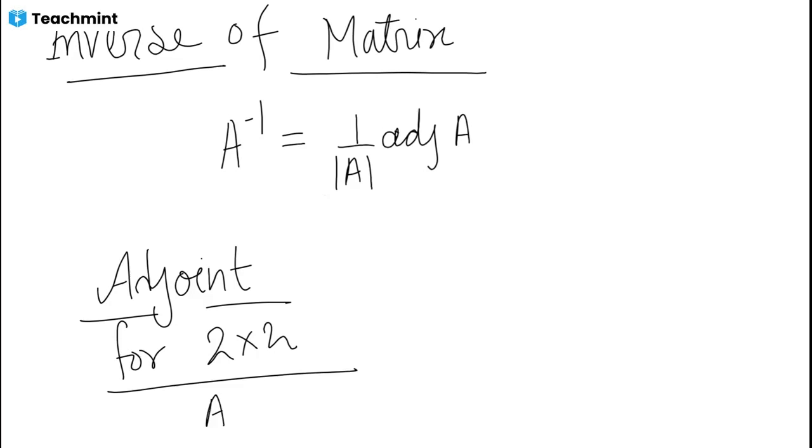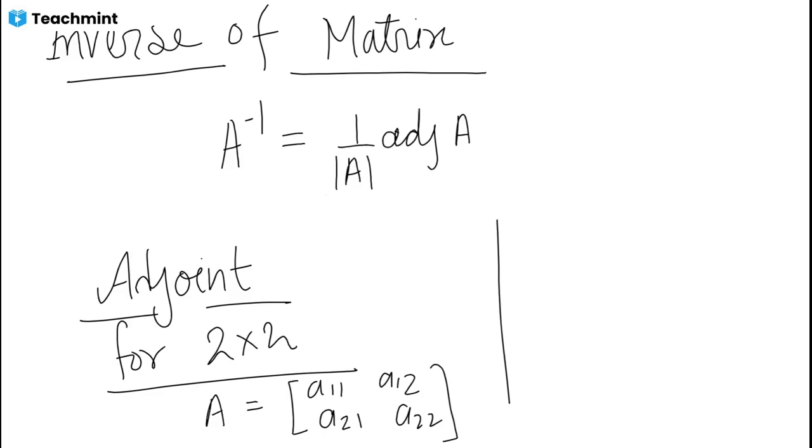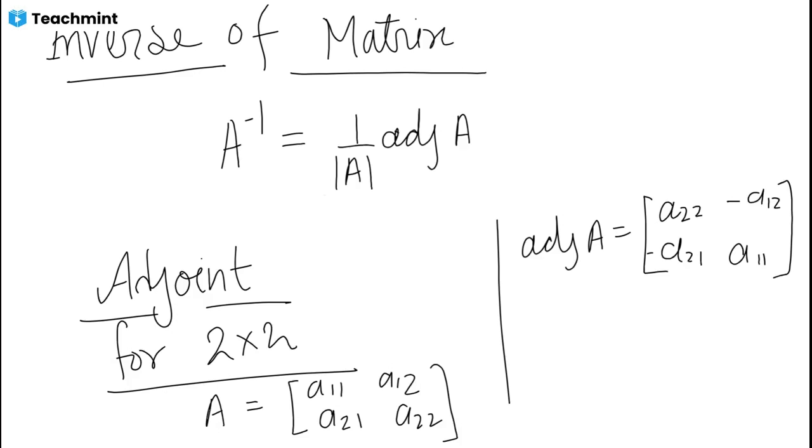If we have matrix A with elements A11, A12, A21, A22, then adjoint of A is, see, just interchange these elements and just change the sign of these two elements. This is the way to find adjoint of A for 2 by 2. So in adjoint of A, we have A22, A11, minus A21, and minus A12. This is adjoint of A.